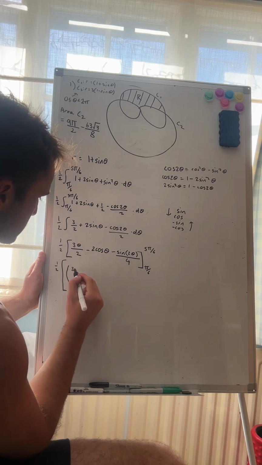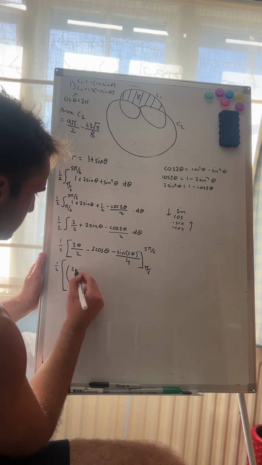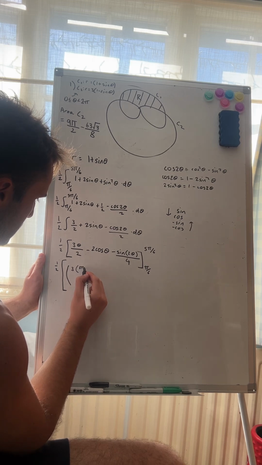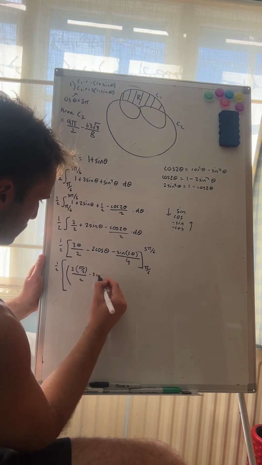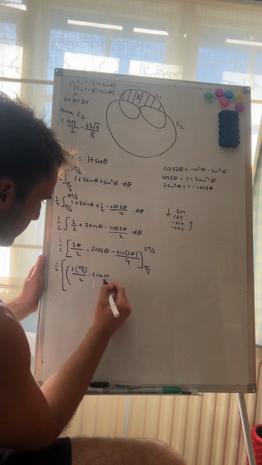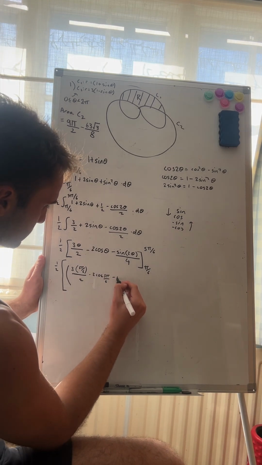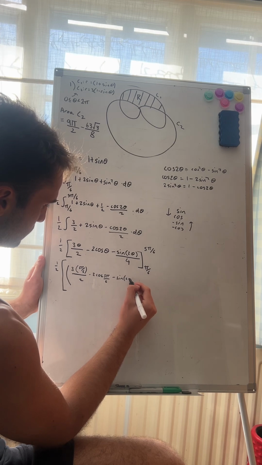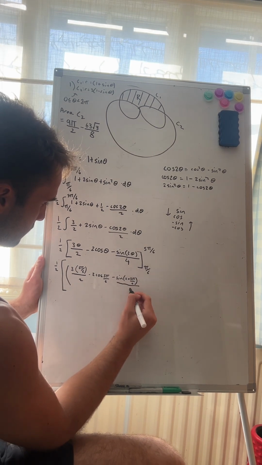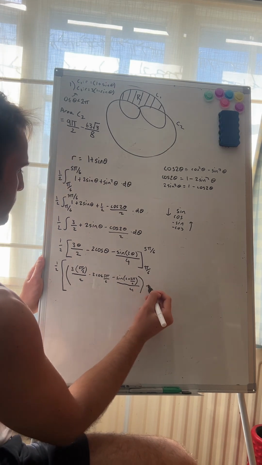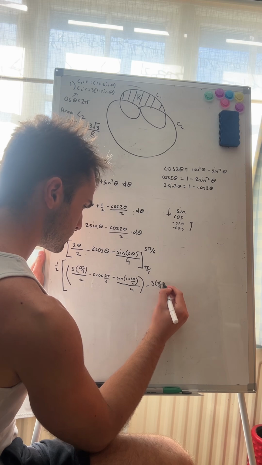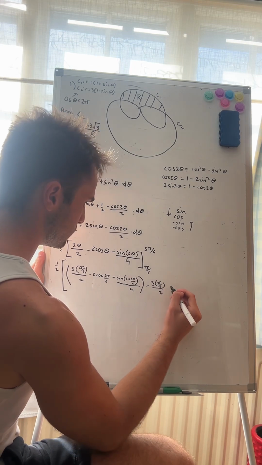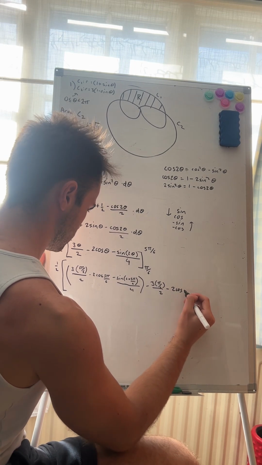So 3 times 5 pi over 6 over 2 minus 2 cos 5 pi over 6 minus sine of 2 times 5 pi over 6 over 4, minus 3 lots of pi over 6 over 2 minus 2 cos pi over 6.